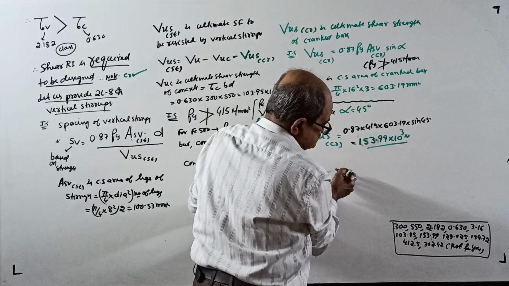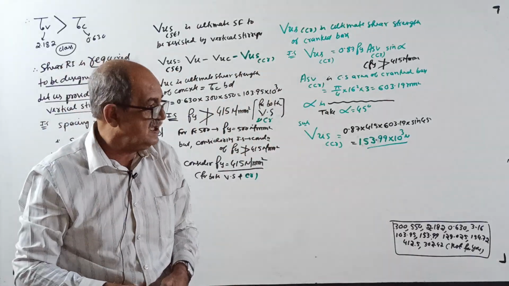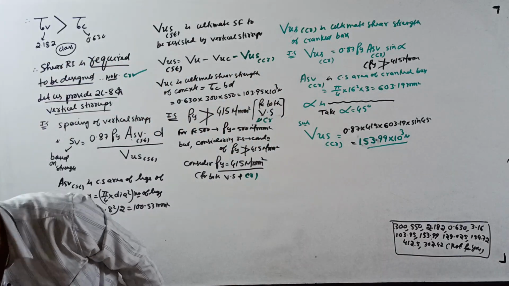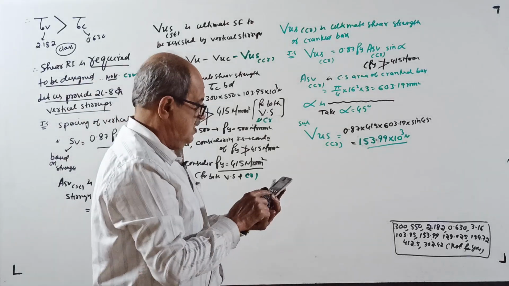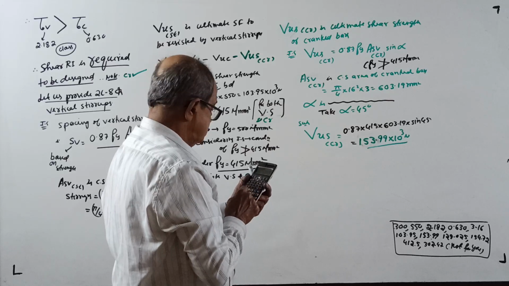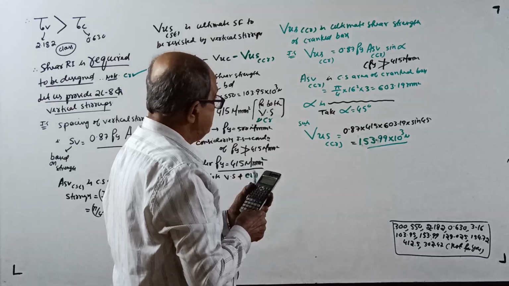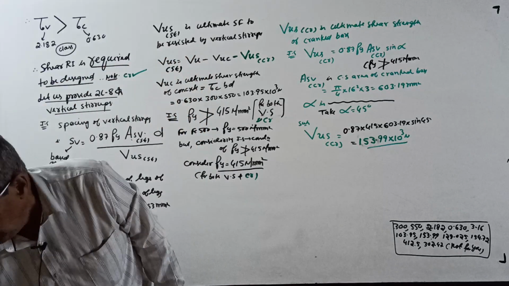Correct? Let me check it, because I do not want any mistake. 0.87 into 415 into 603.19 into sin 45. Correct, 153.99 × 10^3 Newton.